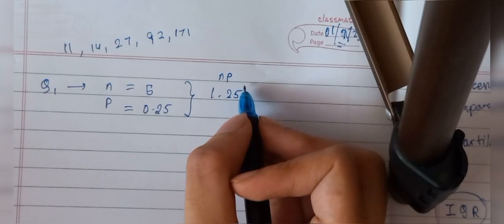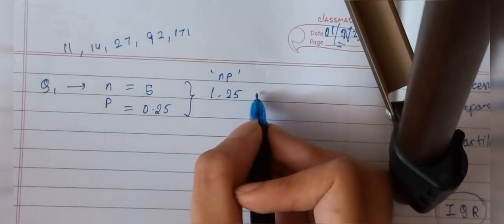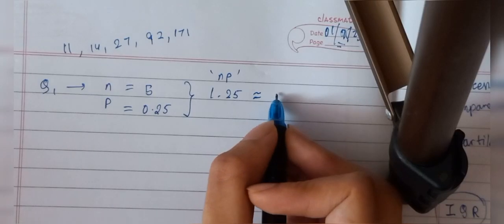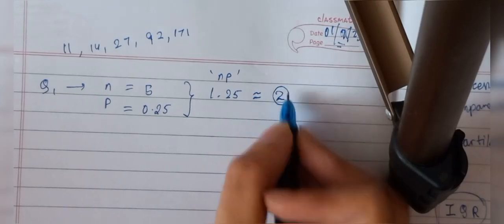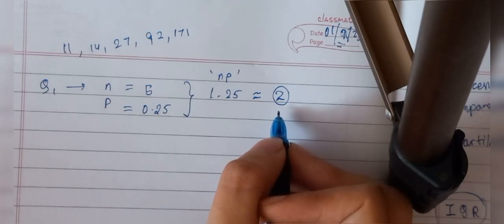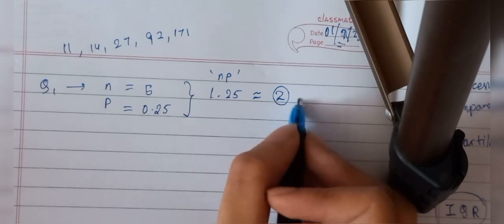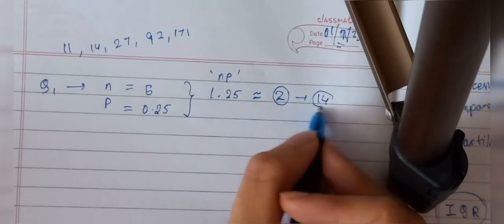If np is not an integer, you have to round it up to the next integer, irrespective of whether the number after the decimal is before 5 or after 5. In this case, it will be the second number. So 14 is the first quartile.